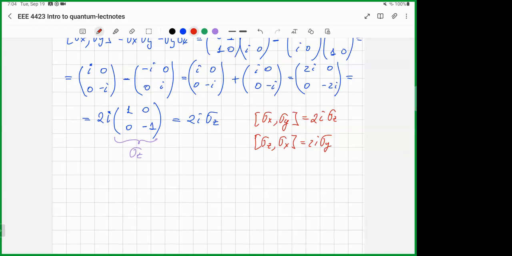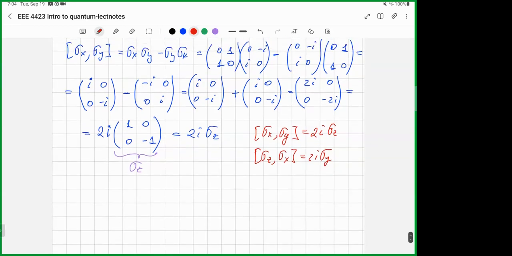So in fact, the commutator is not 0, and the spin in the x and y directions cannot be measured simultaneously. And likewise for z and x and z and y, all three orientations of the spin cannot be measured simultaneously in one experiment with high precision, with high accuracy.